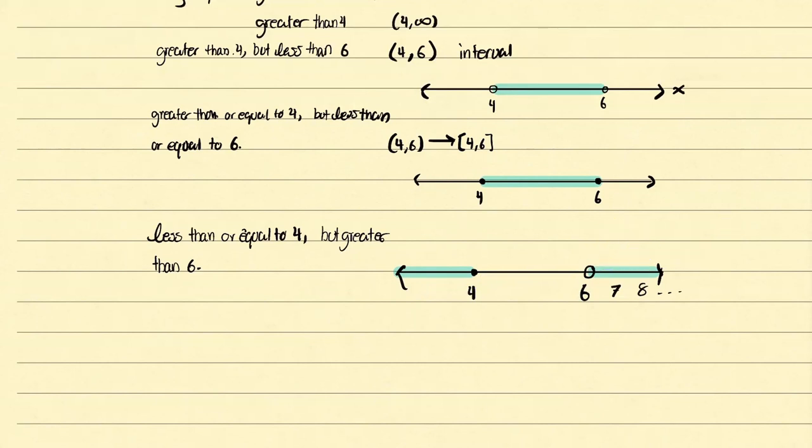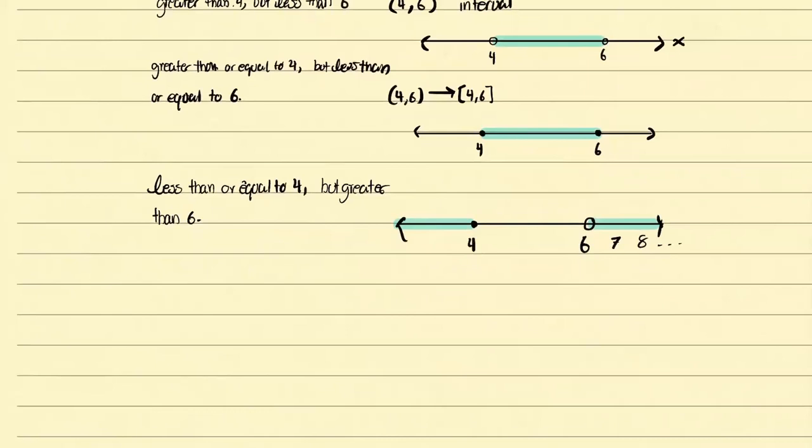And the notation for that is called union. I'm going to say it's negative infinity to 4 brackets, because I can include 4, union parentheses, because I can't include 6, 6 to infinity. This describes this range right here. Any questions so far?